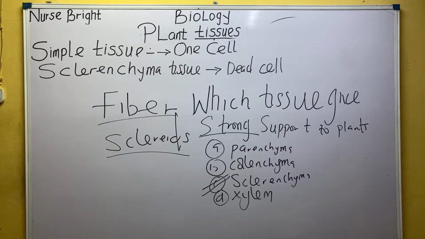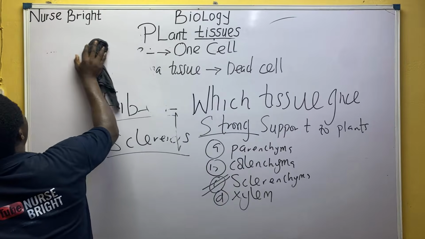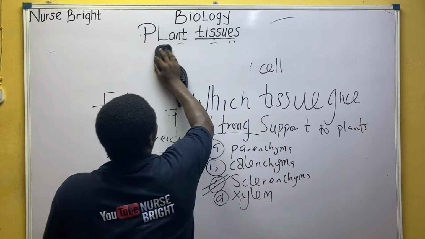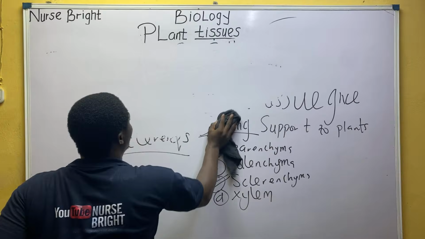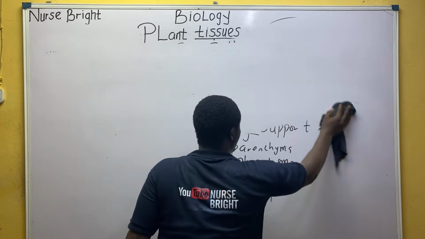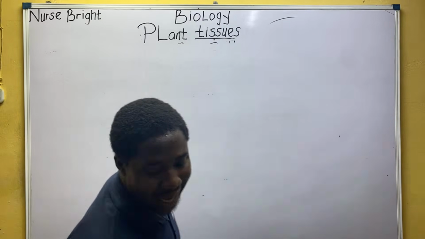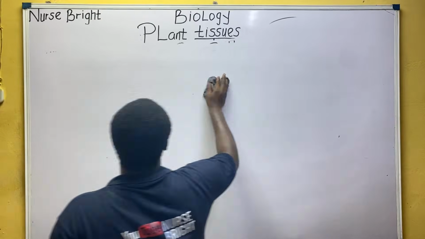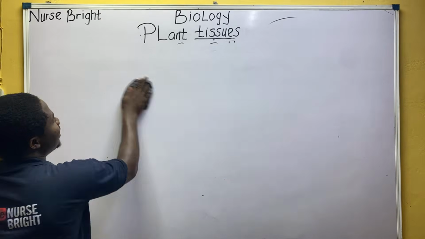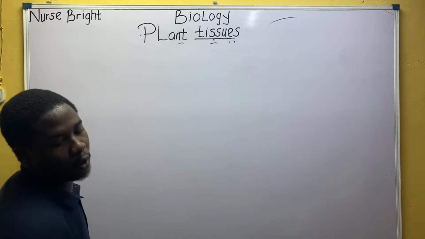So I'm wiping the board so we can talk about roots of a plant. Everybody pay attention. Though we have complex tissues to talk about, before talking about complex, I want to talk about roots of a plant in general. How do the roots of a plant look like?